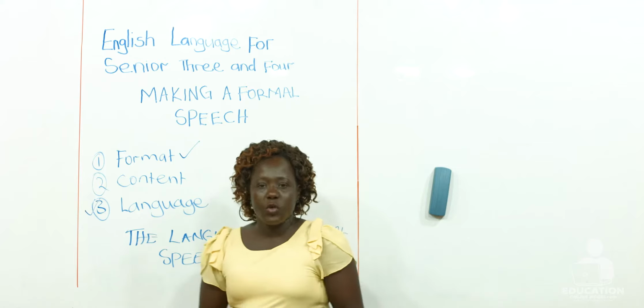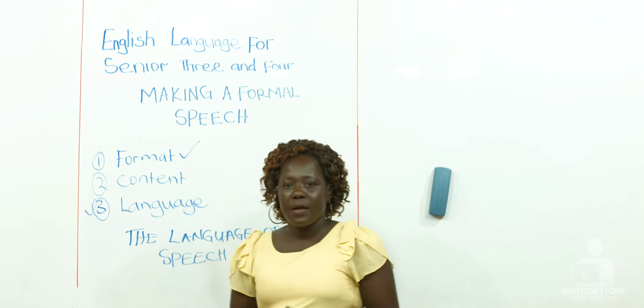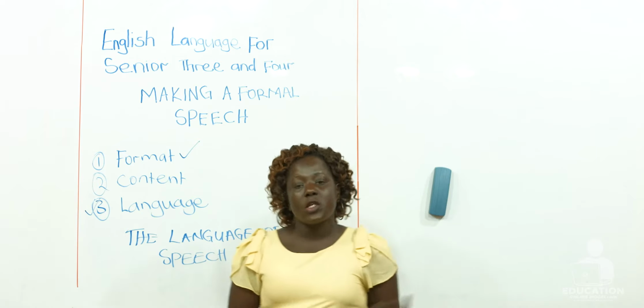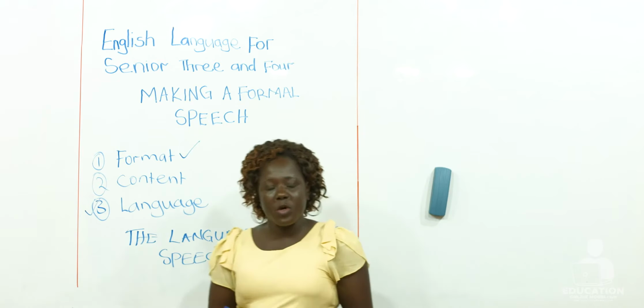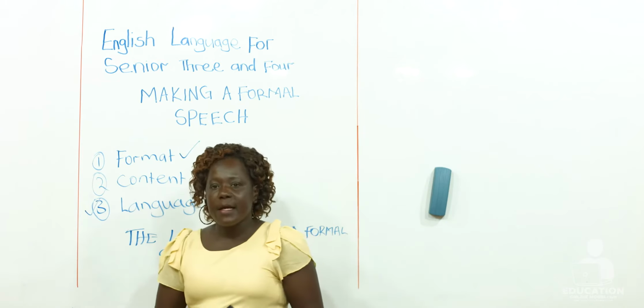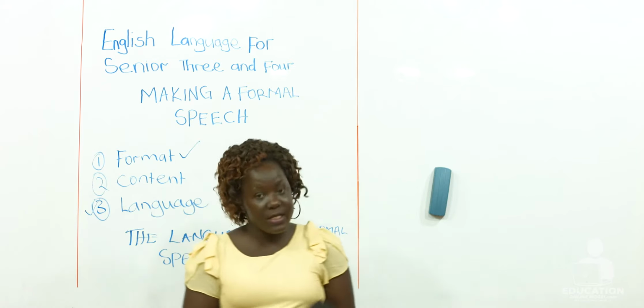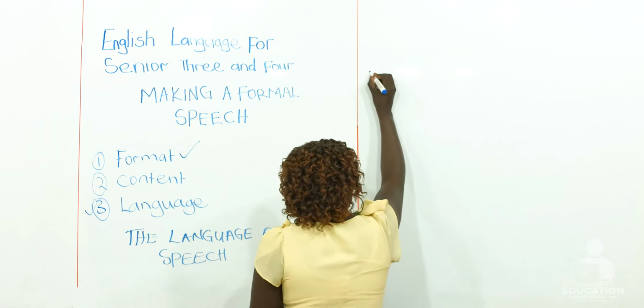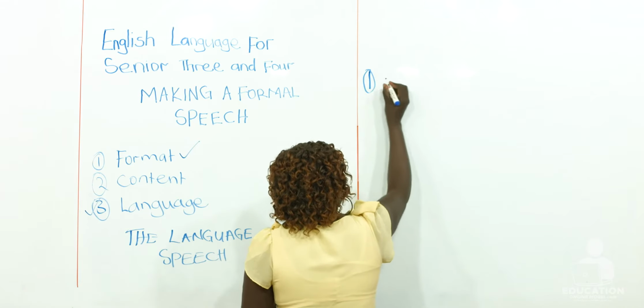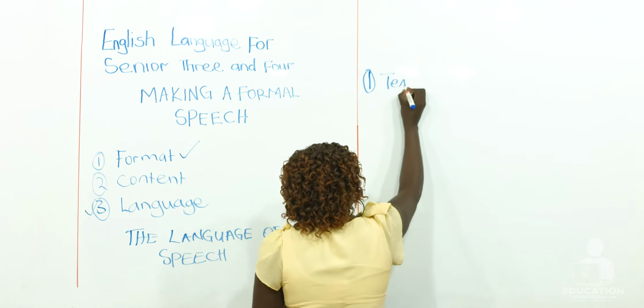Let us begin to look at this one by one. What are these that we always consider when we are talking about the language of a formal speech? Number 1, the tense. Here we will look at the tense.